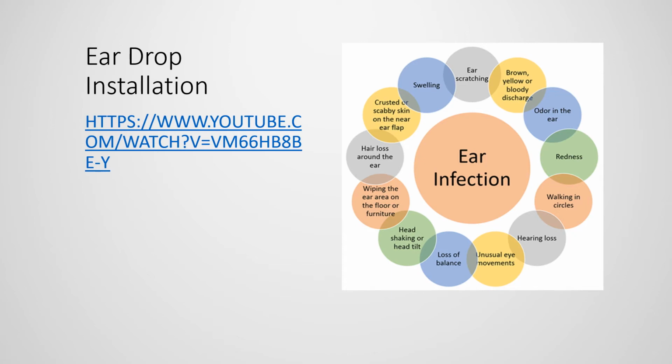Hearing loss can be a whole constellation of things. It can be right from the outer ear, such as earwax, a middle ear infection, so otitis media, a problem with the cochlea, or a problem with the 8th nerve can all cause hearing loss. Unusual eye movements, that refers to something called nystagmus, and that's typically from the vestibular system. Loss of balance, vestibular system.